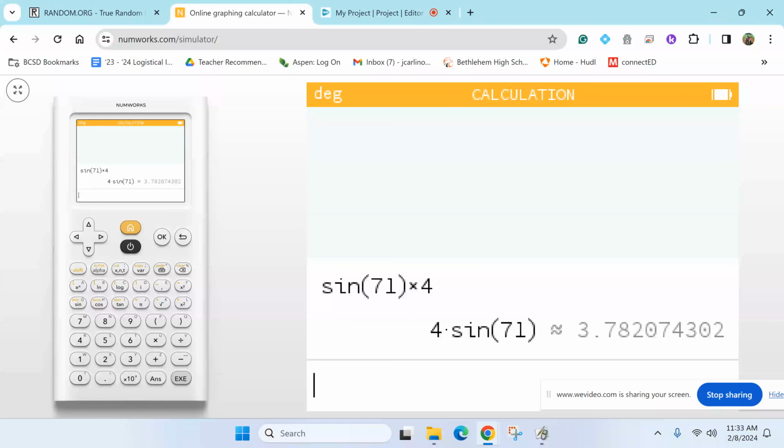How long was the ladder, kids? 4 feet. Read those rounding directions again. Round your answer to the nearest tenth of an inch. So hey, like my 3.8, but that's in feet because your ladder was in feet.